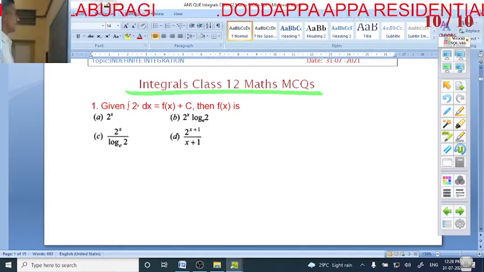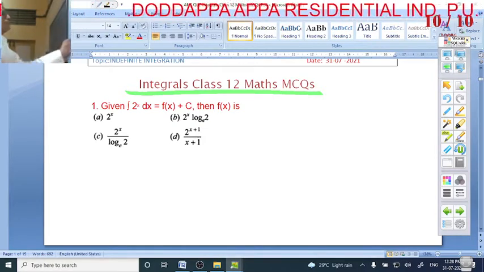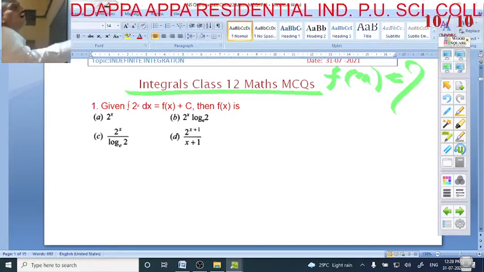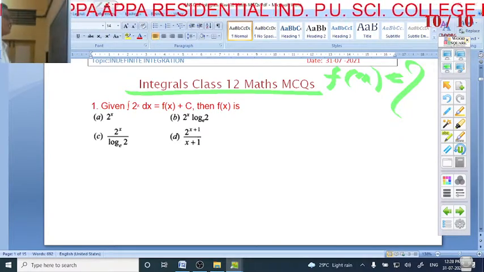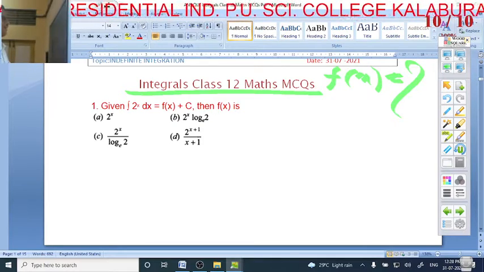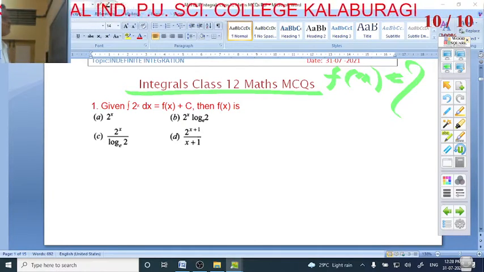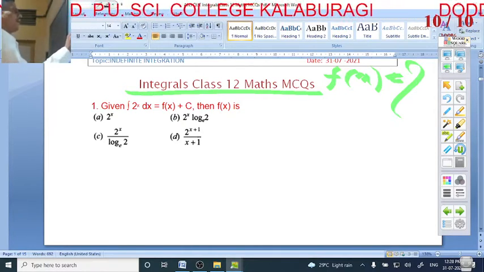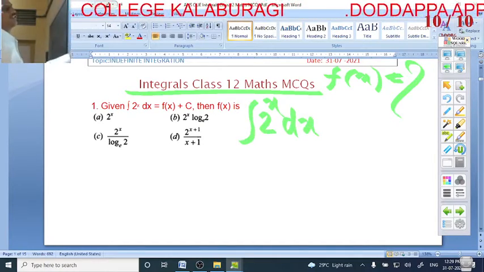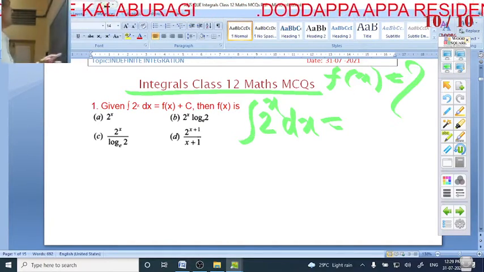Given integration of 2^x dx is equal to f of x plus c, then what is the value of f of x? In other words, the function is asked. So for that, how we have to calculate, you know very well. Integration of 2^x dx is equal to what?